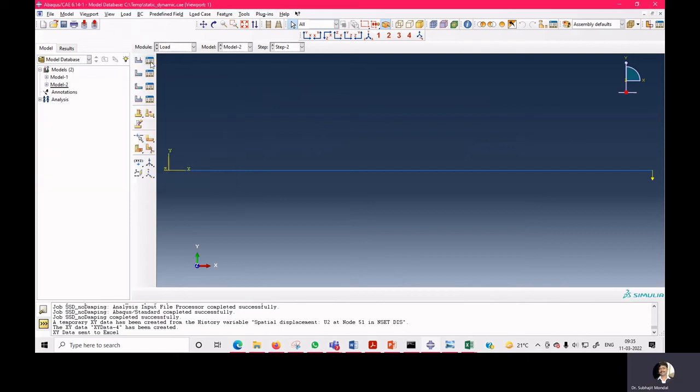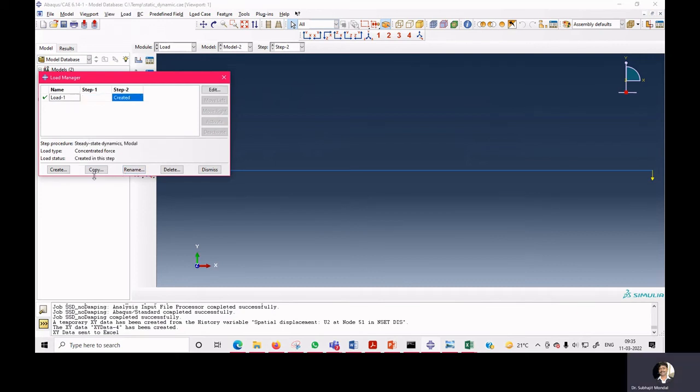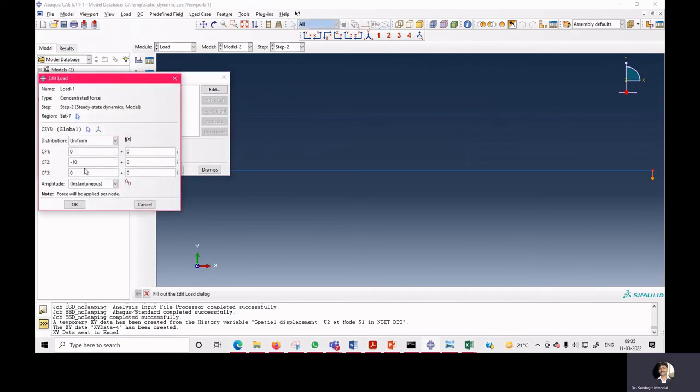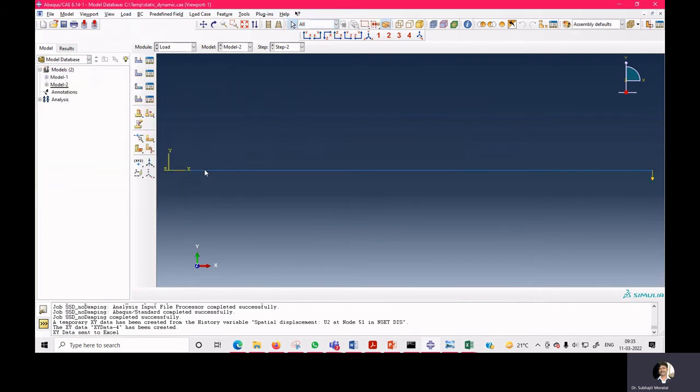Okay, and if you see the loading, we have provided in the step 2. Okay, so here you just see what we have done. Basically in the step 1 we have conducted modal analysis of our actual structure, and in the second step we have provided one unit load, and we have performed our steady state response within a range.